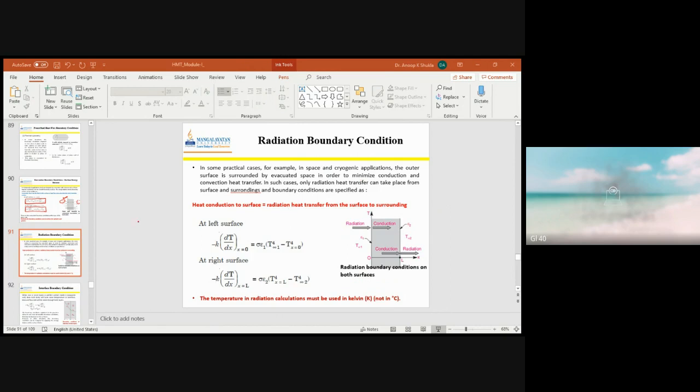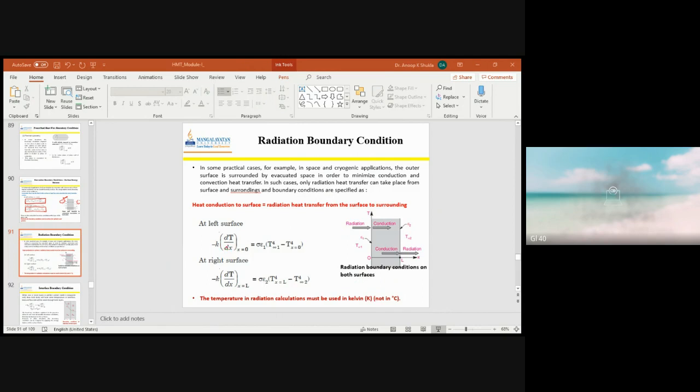So on the left hand side, the heat conducted, minus k dT/dx at x equals 0, is equal to sigma epsilon 1 times (T infinity to the power 4 minus T at x equals 0 to the power 4).